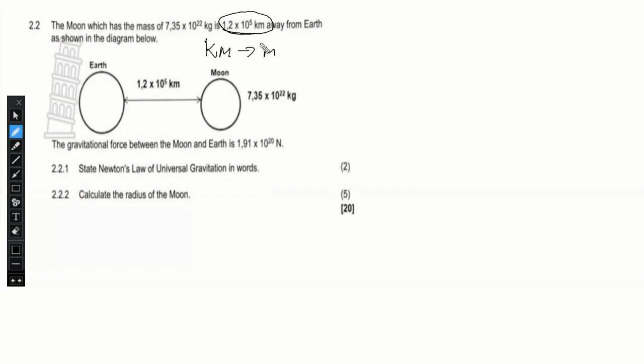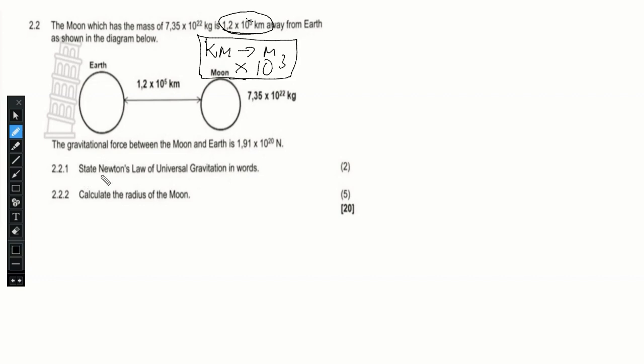So we always have to remember, if we have to convert kilometers to meters, we always have to multiply by 10 to the exponent of 3, multiplied by 1,000, right? So always have that in your mind. So obviously, if we multiply this by 10 to the exponent of 3, this should change to 1.2 times 10 to the exponent of 8, because we'll be adding the exponents here, 5 plus 3, right?